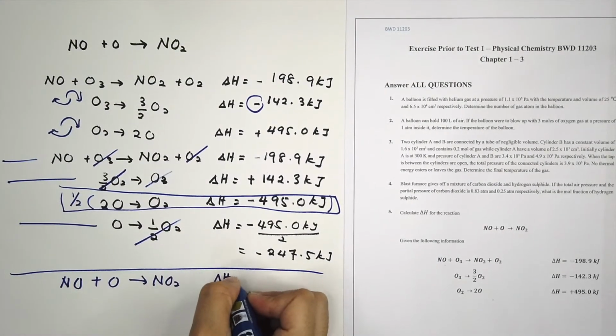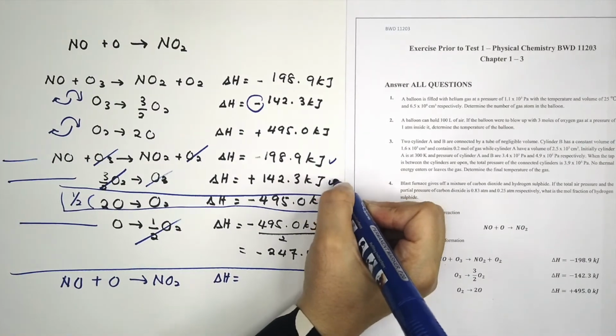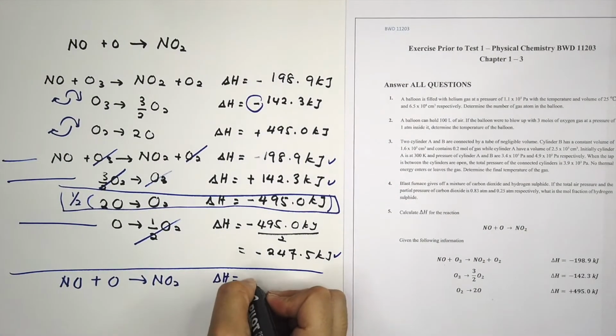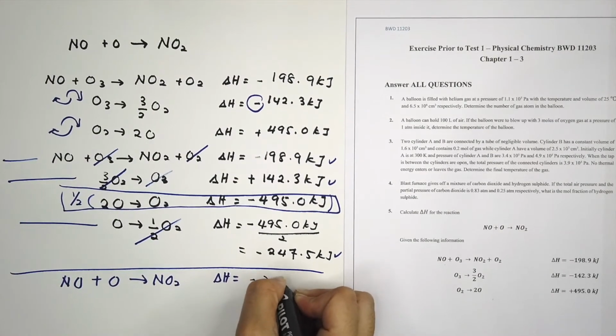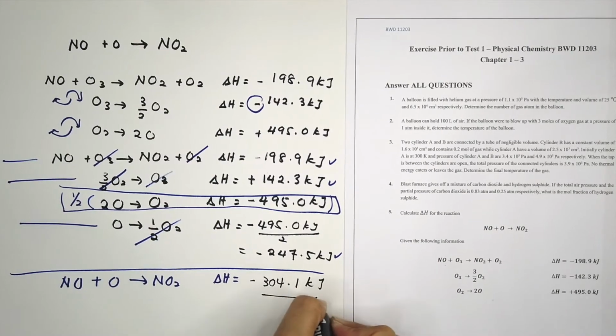So what about the delta H? For the delta H, you just need to do a summation of this, and this. Therefore, your delta H should be equivalent to negative 304.1 kilojoule. So this is the final answer.